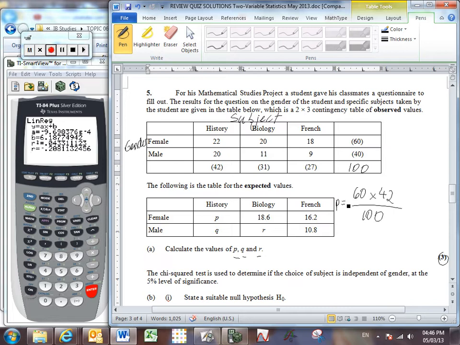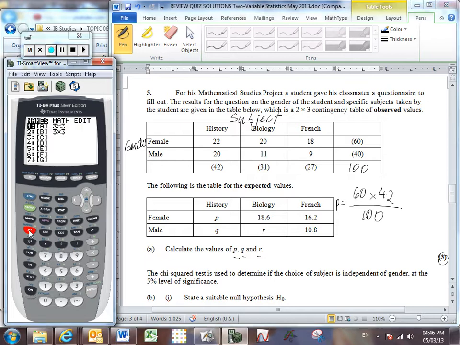But I suspect that we're going to have to do a full chi-squared test on this question anyway, as I look ahead. So why don't I just actually do the chi-squared test, and then I can look at my expected values matrix B on the calculator, and it'll show me P, Q, and R all in one step. So let's go over to matrix, and I'm going to edit matrix A. I don't need to worry about deleting matrix B. That will update itself automatically when I do a chi-squared test.